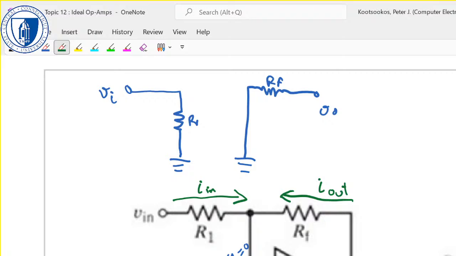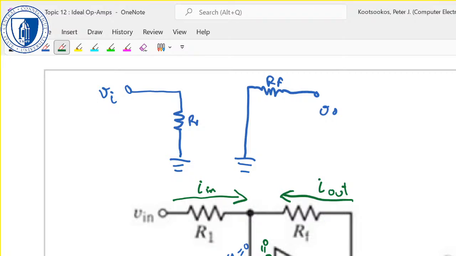Remember, one of the other features of the ideal op-amp is the current going into the inverting input is zero. So what does that say about I in and I out?